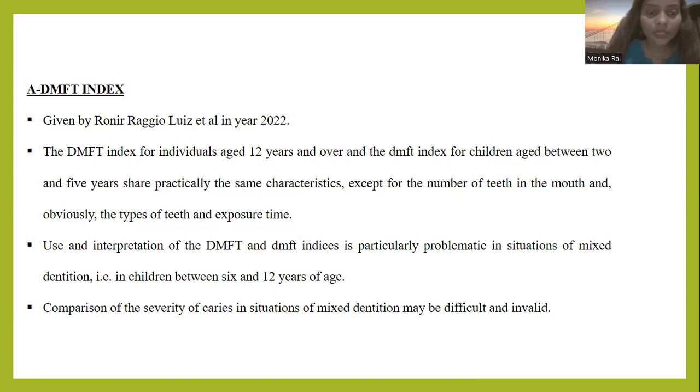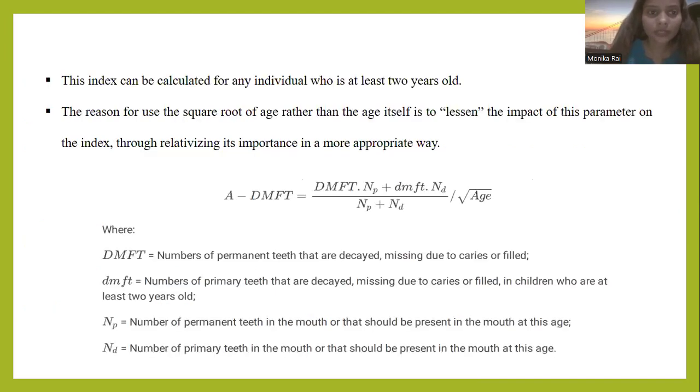Use and interpretation of the DMFT and dmft indices is particularly problematic in situations of mixed dentition, that is in children between 6 and 12 years of age. Comparison of the severity of caries in situations of mixed dentition may be difficult and invalid. So this is about the ageless DMFT index.